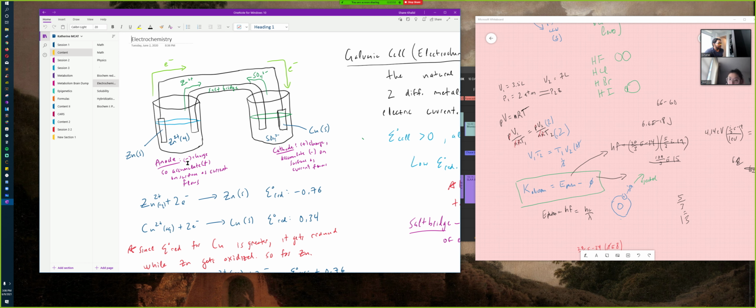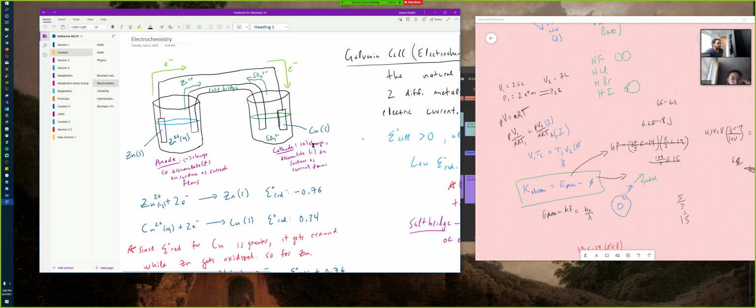Okay, and that means it's sending electrons to the thing that has a positive charge. So as that is running, the negatively charged anode accumulates positive charge through the loss of electrons.